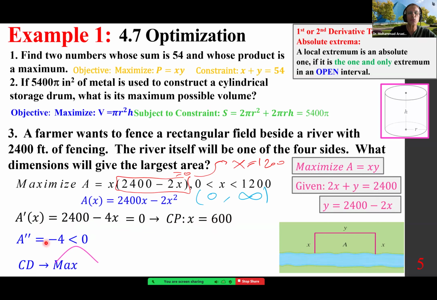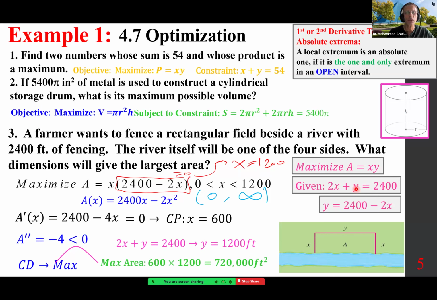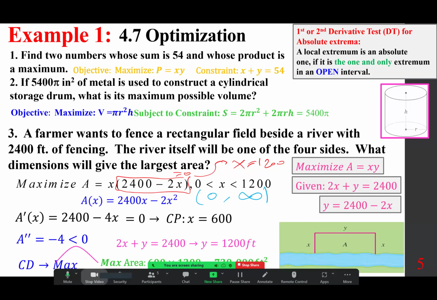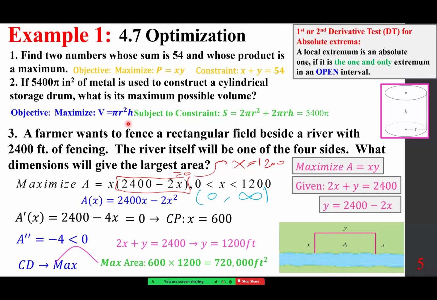So the maximum occurs when x is 600. You put it into this or this one to find y, and y becomes 1200. So the dimensions are 600 by 1200, and the maximum area is 720,000 square feet. This is the process that you are going to use to find the largest area.